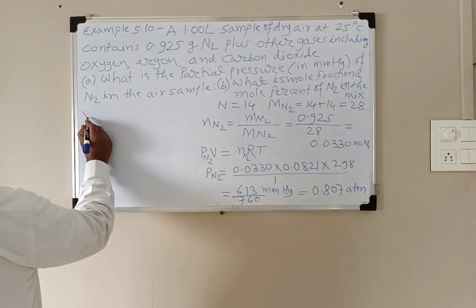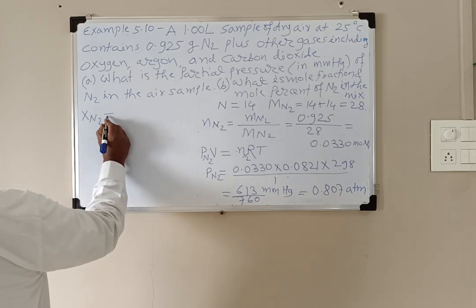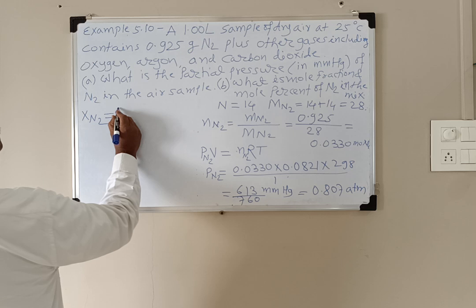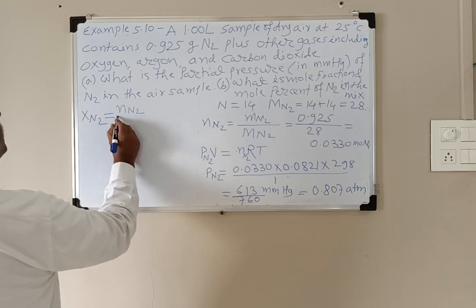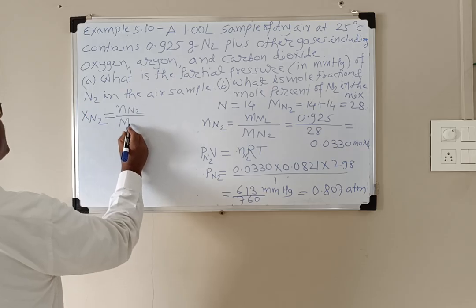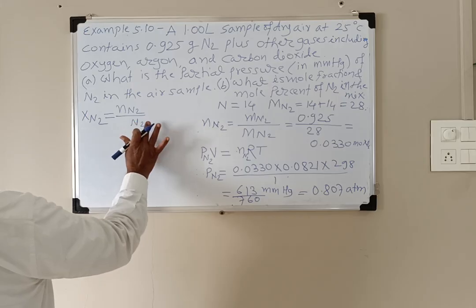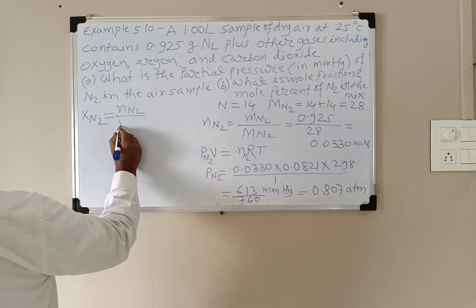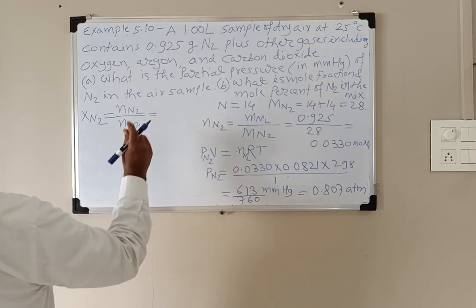So X of nitrogen, the mole fraction of nitrogen, is equal to the number of moles of nitrogen divided by the number of moles of the mixture.